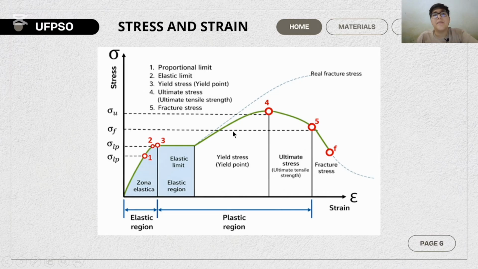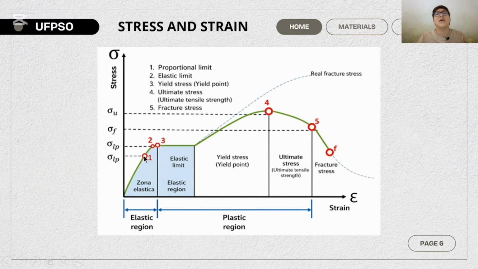The relationship is represented by the stress-strain graph. In this graph, we can observe several aspects related to the mechanical properties of materials.